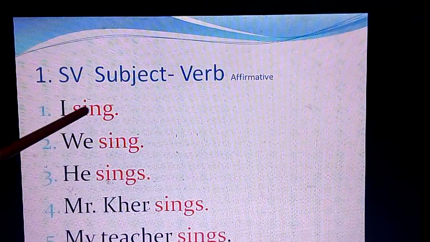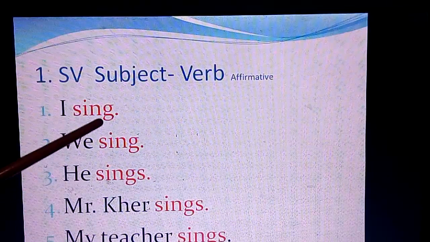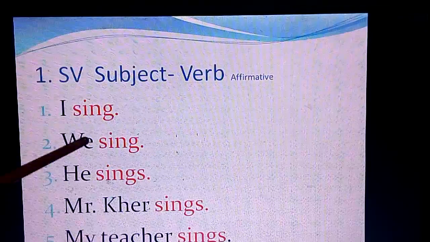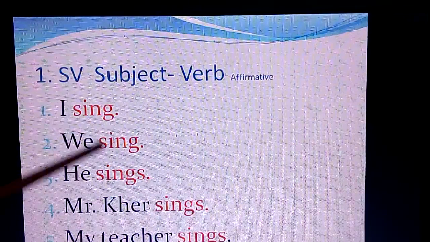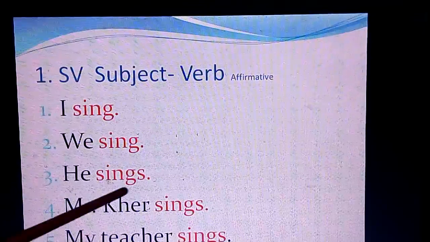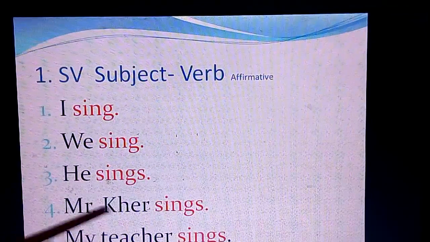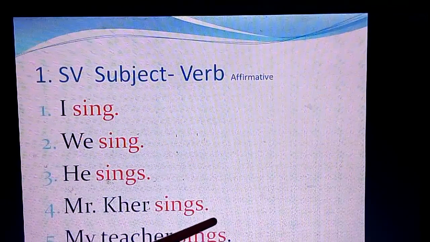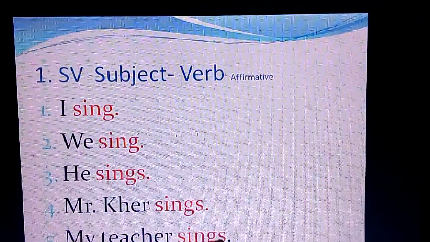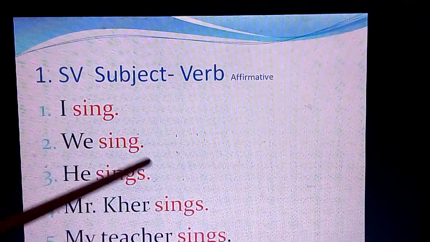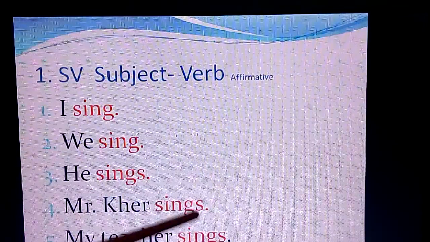Again we can see that all these sentences have got one subject and one predicate. Mr. Kerr is subject and sings is predicate, my teacher is subject and sings is predicate. Predicate contains only one finite verb in all these sentences.